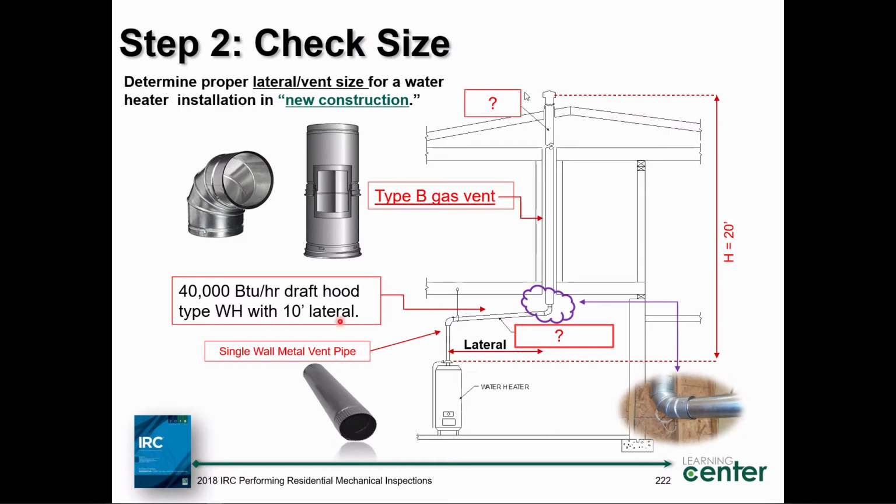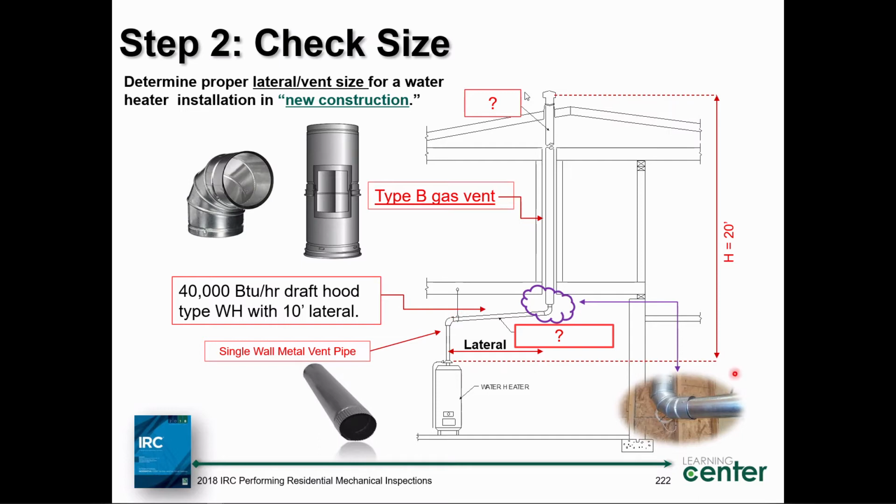So I have a lateral distance measured from the center of my connector to the center of my vent of 10 feet. The capacity of my water heater is 40,000 BTUs per hour with the draft hood. There's my venting material, B vent, and my connector, or lateral in this case, is single wall metal pipe.